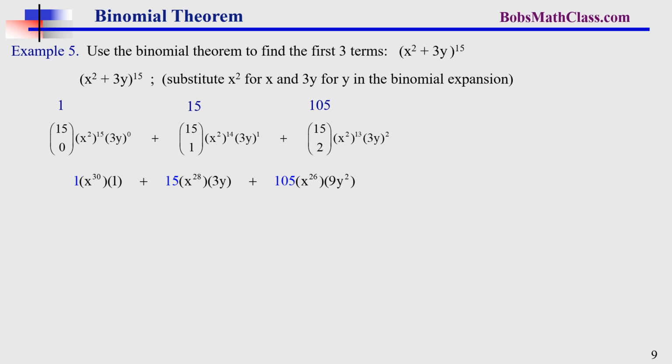And then 3y to the 1 is just 3y. In the third term, 15 choose 2 is 105. X squared to the 13th is x to the 26th. And 3y squared will give you 9y squared. Simplifying that even further, we get our answer.